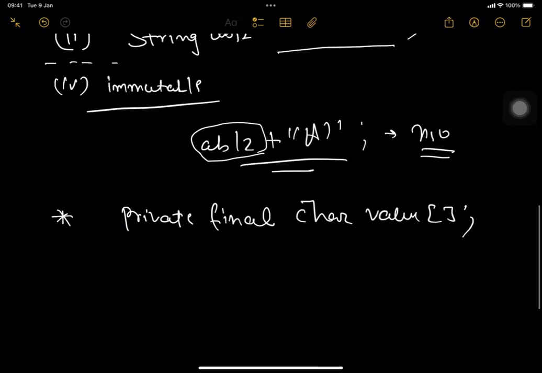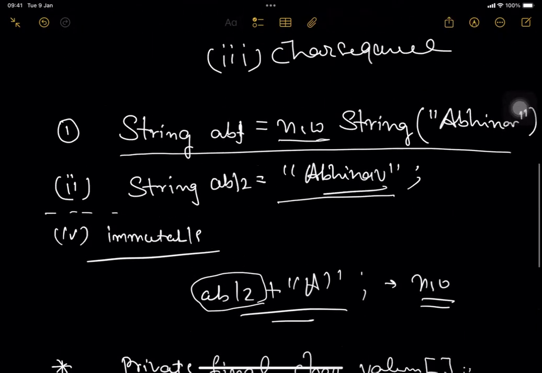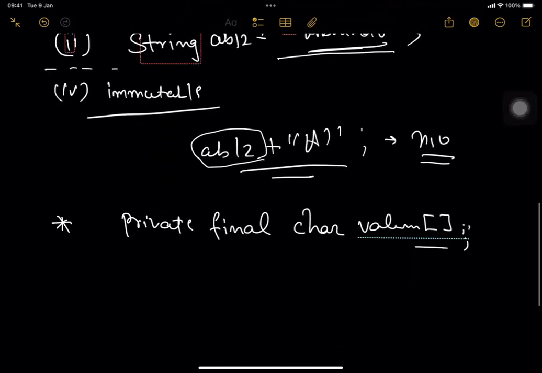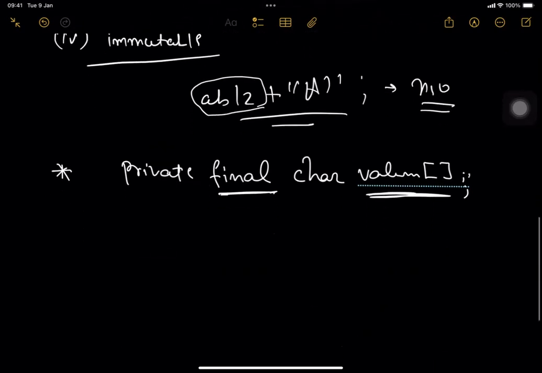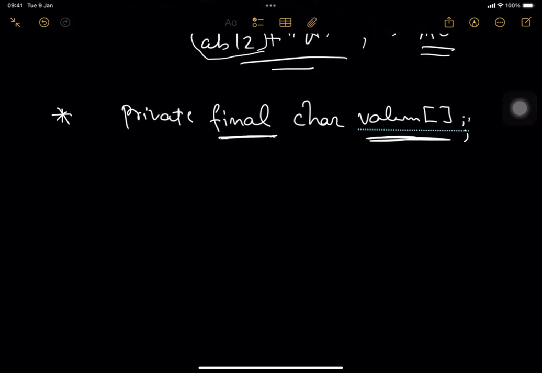Whatever you pass will go and be stored there. It is final, which means you cannot modify the content once it's created. It's private, so you can only access it through a public method, which we'll see. Is that clear?